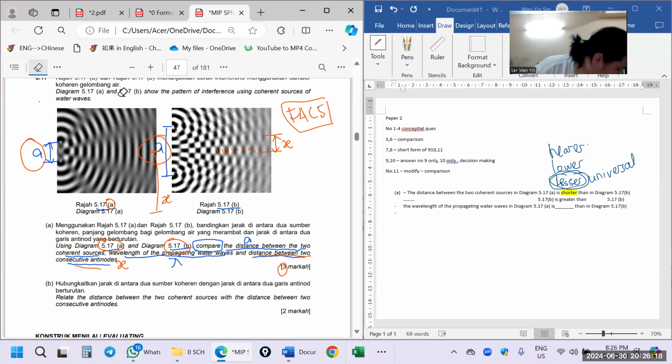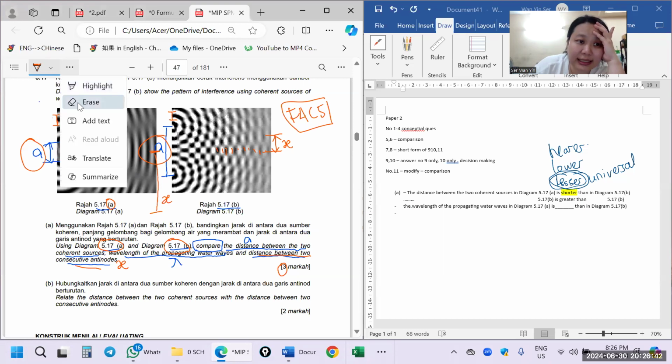Just measure. Anyone measure and tell me. Teacher, it's a wavelength distance between one white part to another white part.